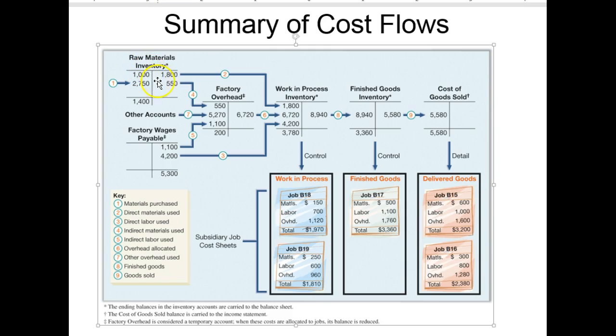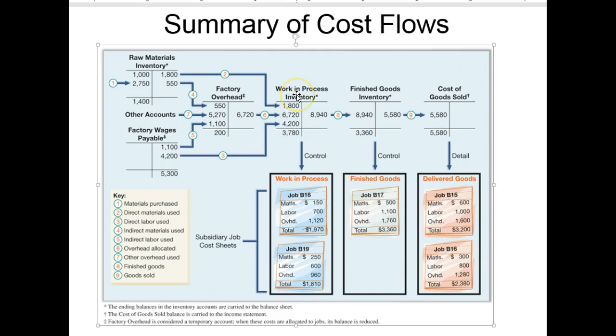So, as you know, raw materials can either go into work in process as a direct or go into factory overhead as an indirect and then into work in process. Same thing with your labor. It can go in as indirect labor, or it can go in as a direct cost to that part. It all goes into work in process inventory.